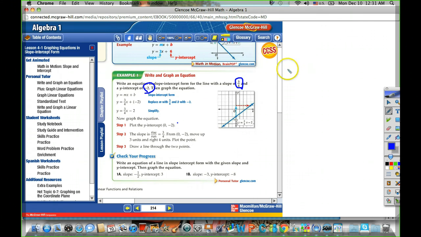So we're going to rewrite this, y equals mx plus b, and you need to get used to that by now because you will hear this over and over. So your m here is 3/4 x, don't forget to write the x, and your b, your y-intercept here is -2. So instead of writing +2, I'm going to write -2.